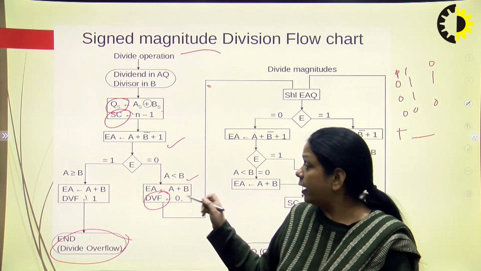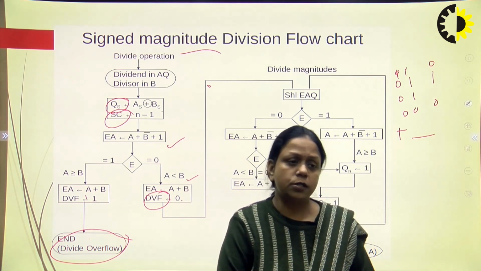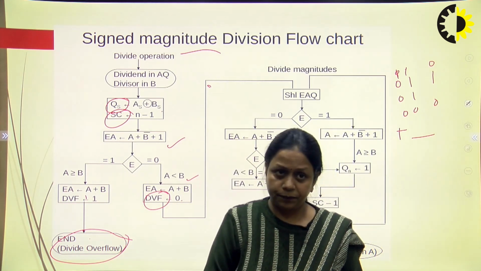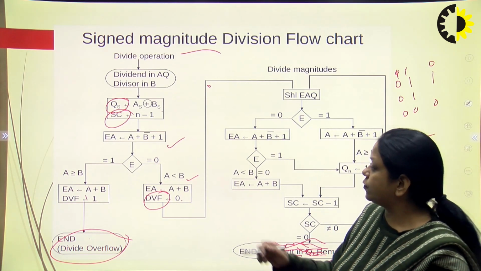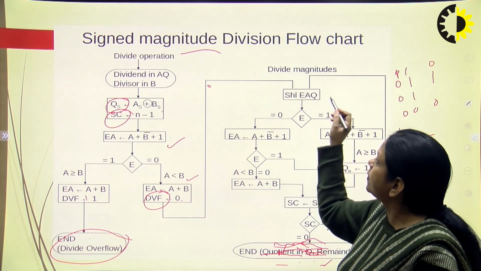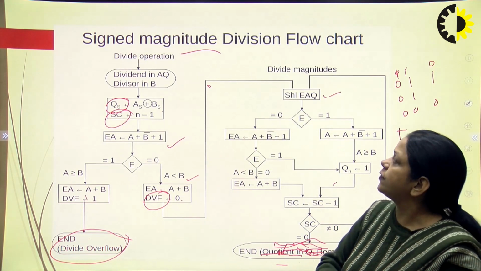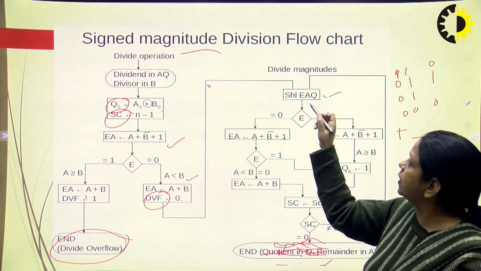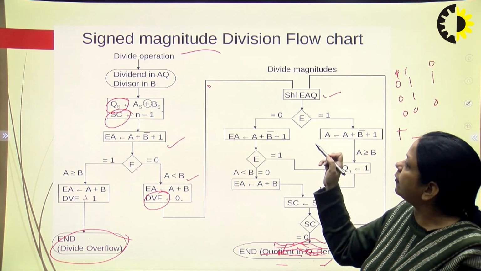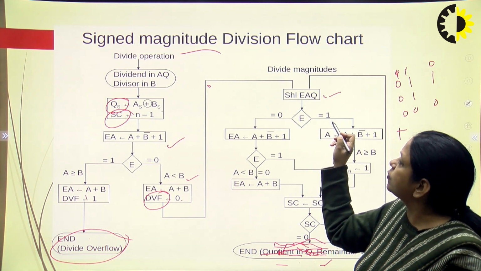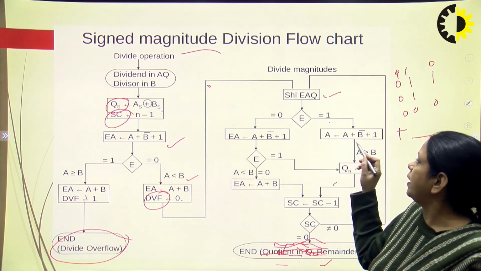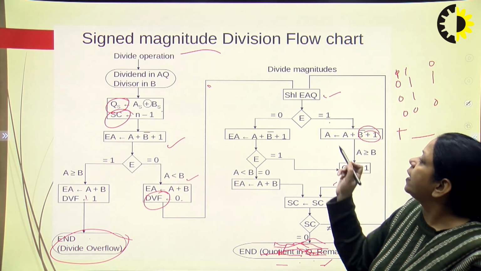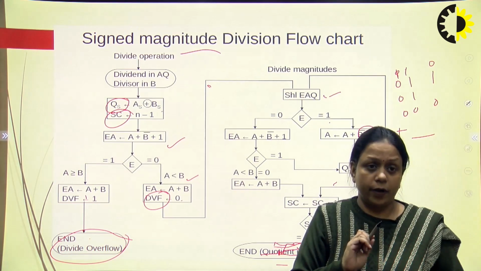In the other case, when there is no chance of divide overflow, we will go for the next step, which is the division step. First one is shift left EAQ. We will firstly shift the EAQ to the left. If the value of E is equal to 1, then we will subtract the value of B from A. Okay, but the value of E is already 1 here.